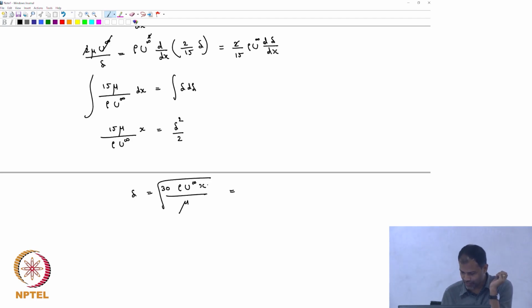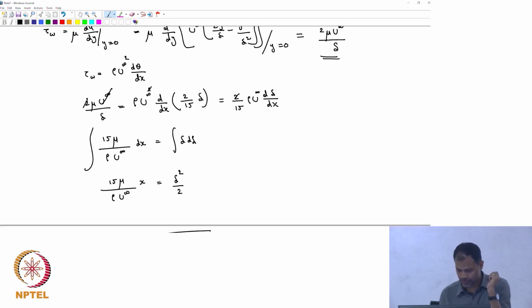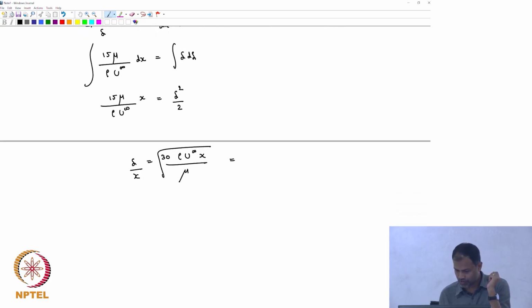Okay, no, fine. This x is downstairs, right? So I should be basically doing that. Then I'm okay, and therefore I basically have root of 30 times Re_x. So this is what we had said when we started talking about boundary layer.